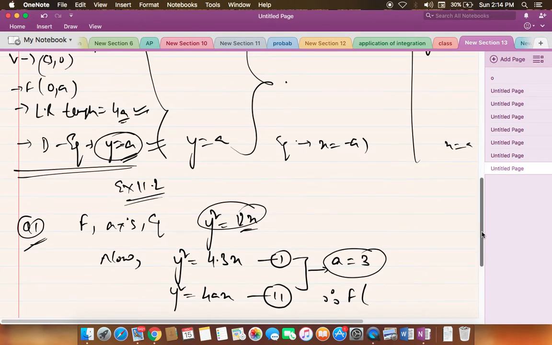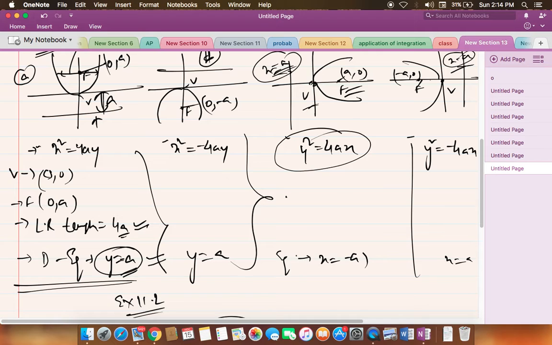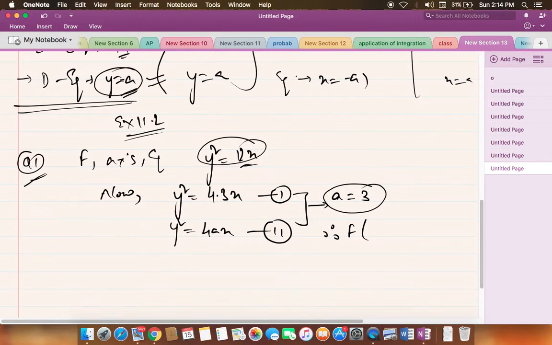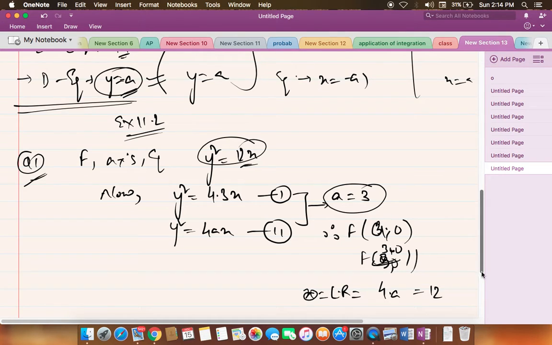Therefore focus is given by, this is which type of parabola? This type. So focus is given by a comma 0, which is 3 comma 0. Then the length of latus rectum will be 4a, which is equals to 12.